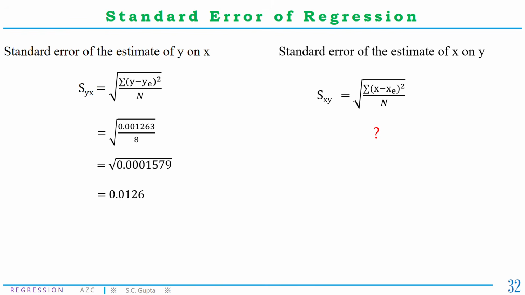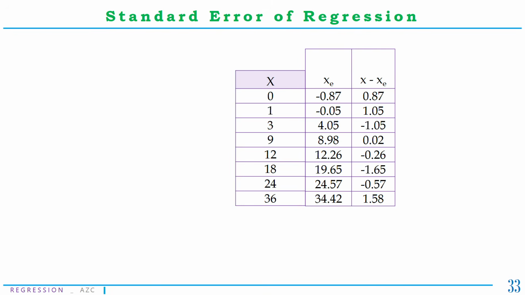Now, calculate the standard error of the estimate of x on y. The value found is 1.0883.